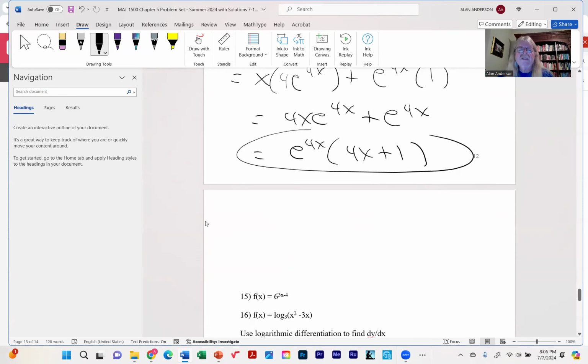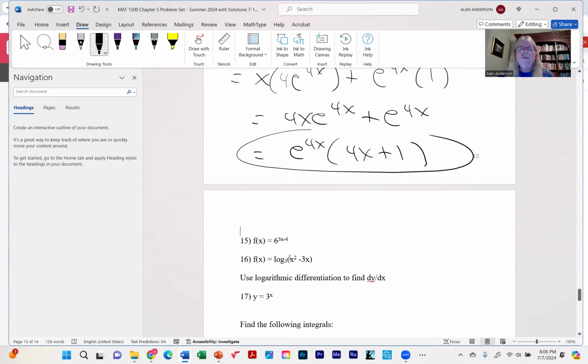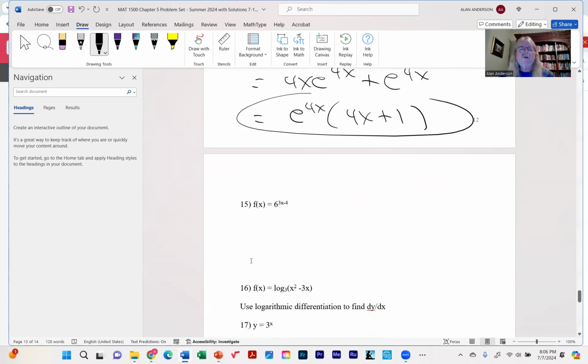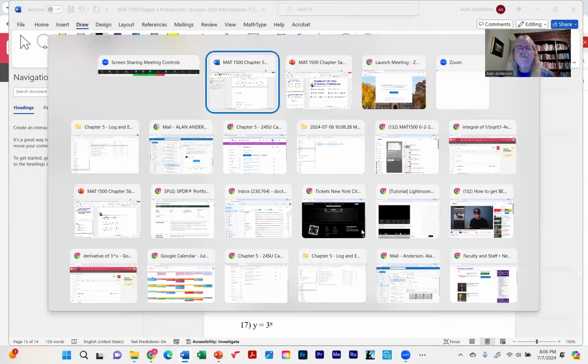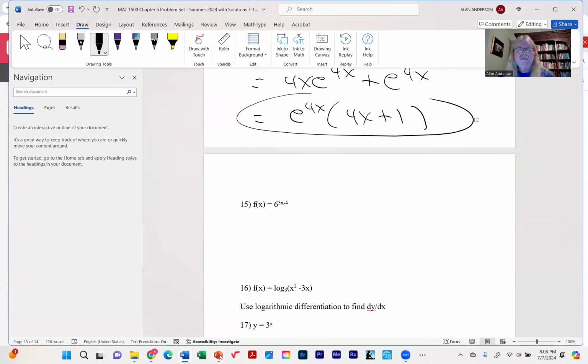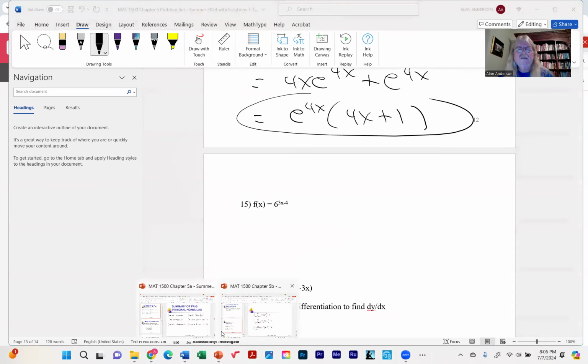Now we're getting into some deeper waters. There's some rules that we went through. Like here, for example, we've got a constant raised to a function of x. If you recall from the slides, this is probably in part 5b. Let's see if we can find it.